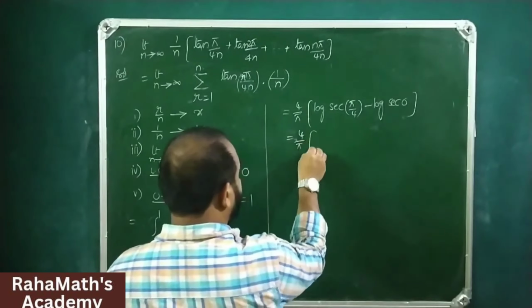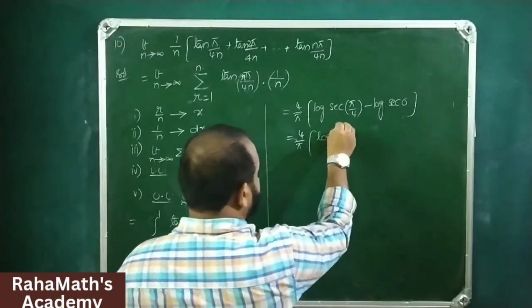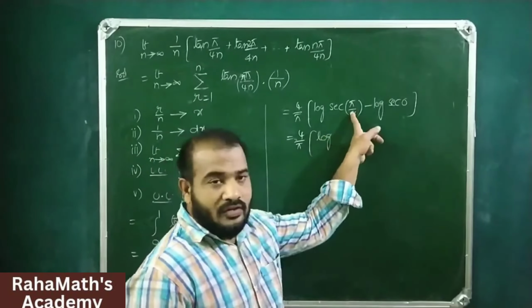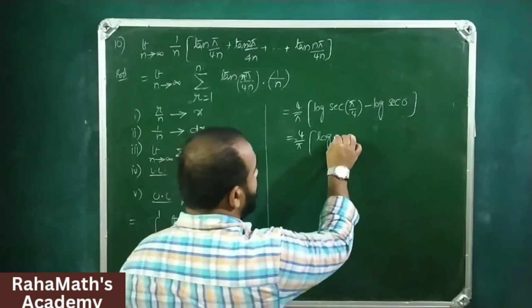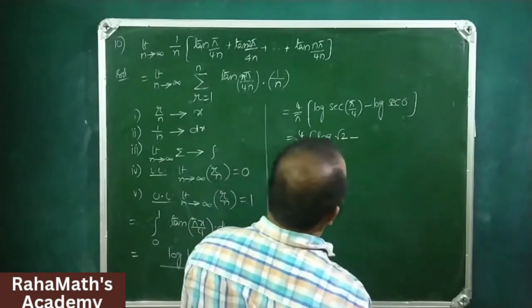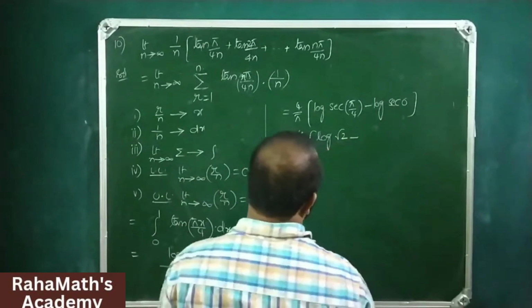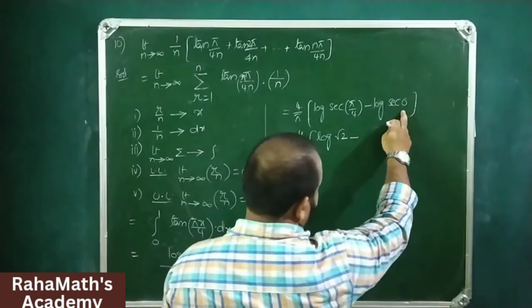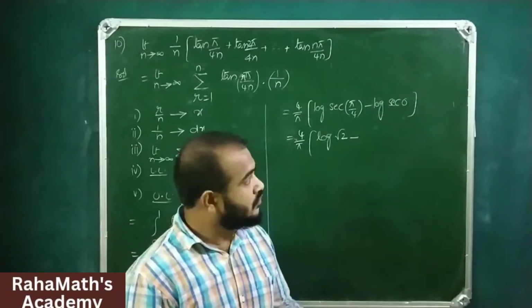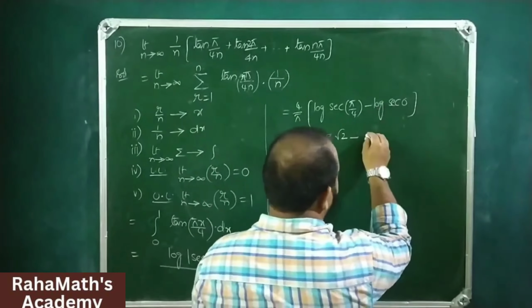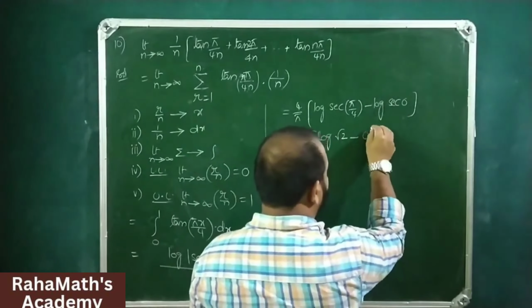4 by pi log secant 45. Cos 45 is 1 by root 2, so secant 45 is root 2, log root 2, minus log secant 0. Secant 0 value is 1, since cos 0 is 1, secant 0 is 1 by 1, so 1. So log 1, the value of log 1 is 0.